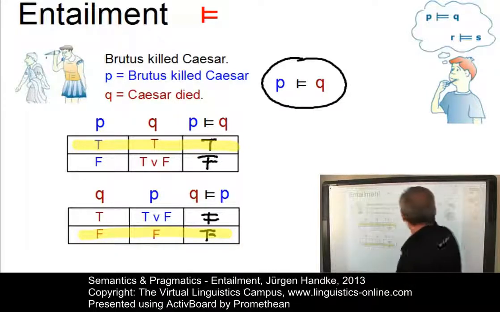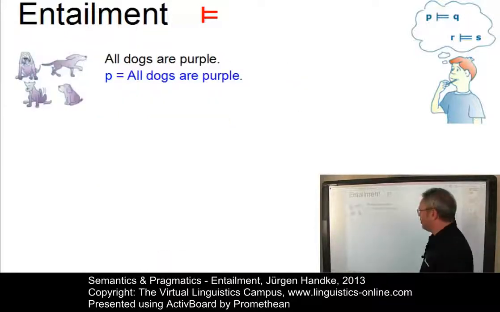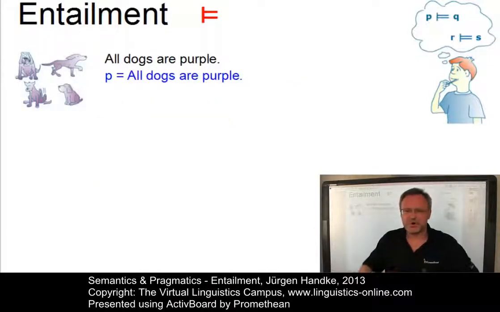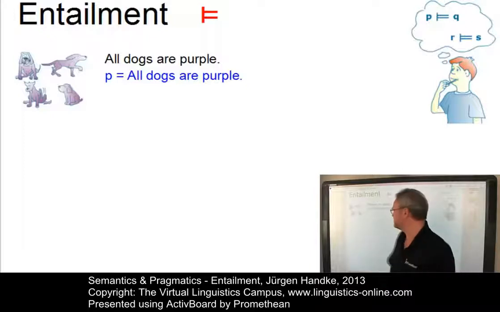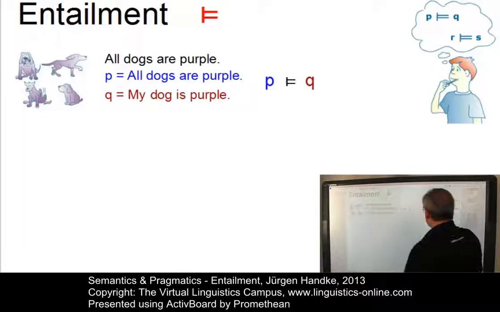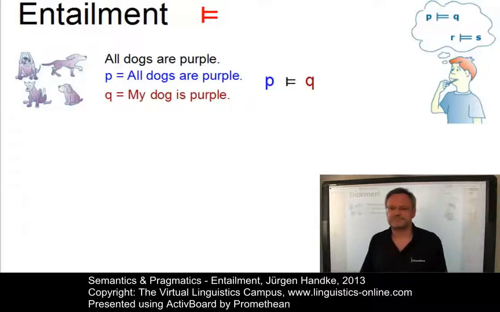Here is another example. All dogs are purple, so P is all dogs are purple. Well, and this entails my dog is purple. And again, we know that the truth of P entails the truth of Q, and that if Q is false, then P must also be false.